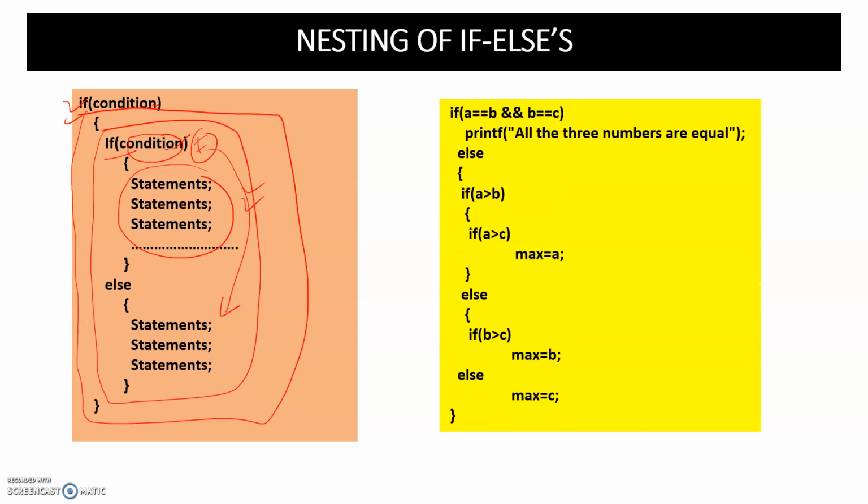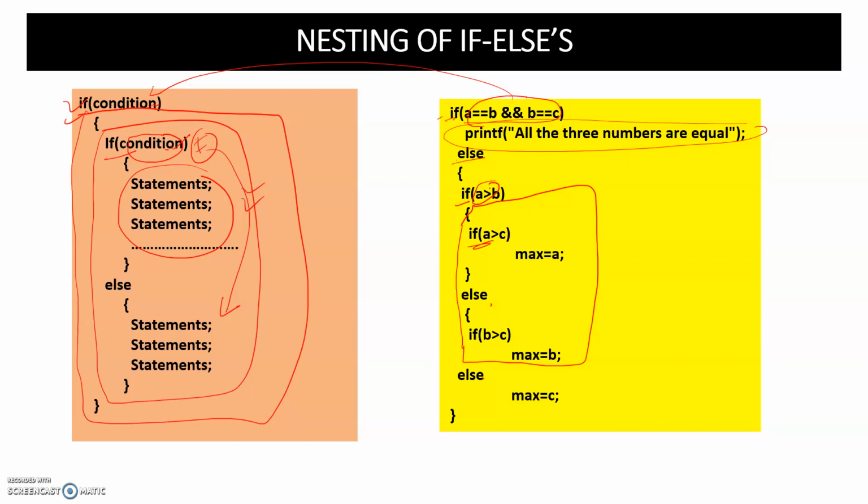An example is specified here. This is the if condition. If this is true, then execute this. Else, in the else part again I am specifying an if statement, an if condition. In the if again an if statement. This is one if else statement, and this is a simple if else statement.